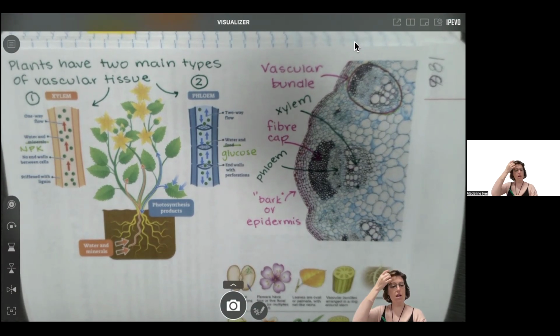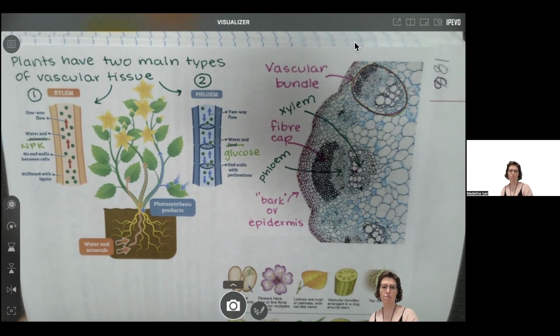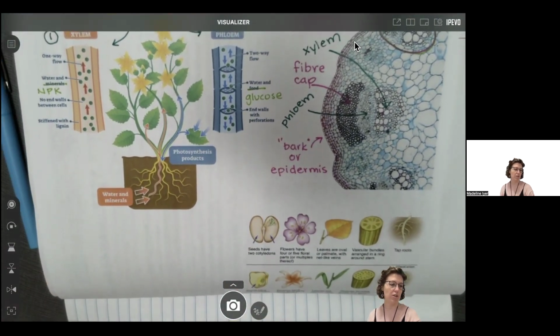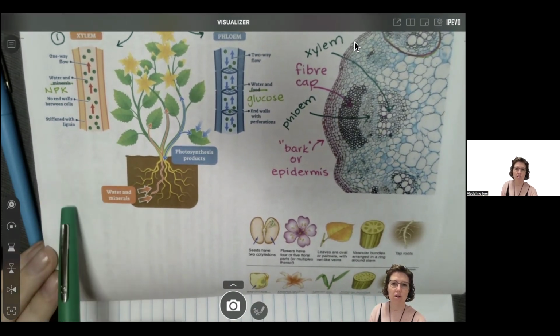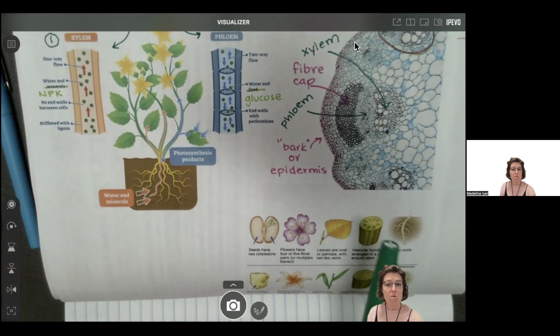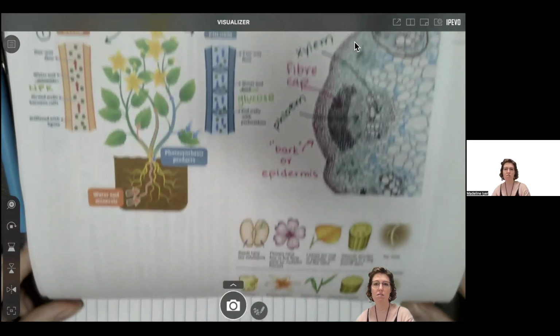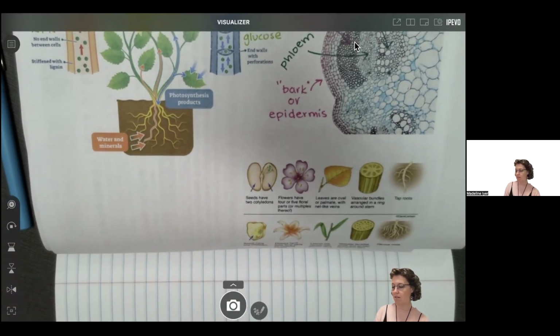Now, how they're actually organized depends on what kind of plant you're looking at. So let's go down here a little bit. We will add some more notes here and here at some point, so try to leave those areas blank. But all flowering plants fall into one of two categories. So we call flowering plants angiosperms.